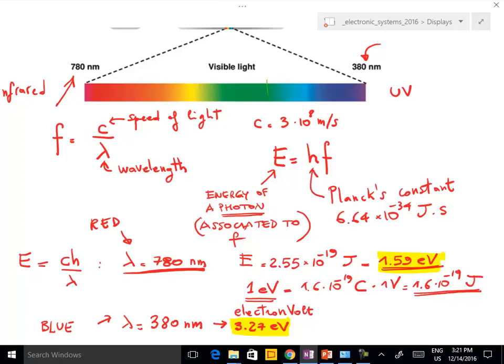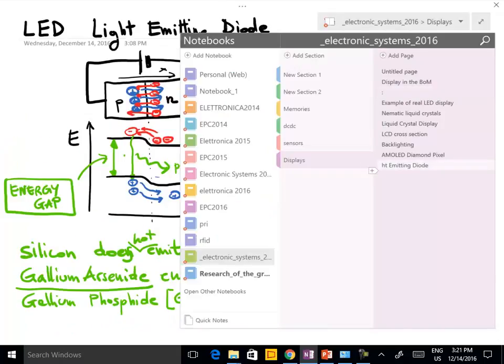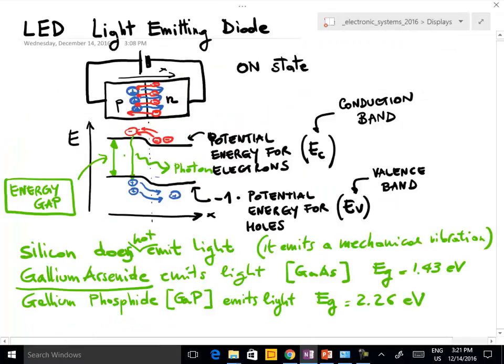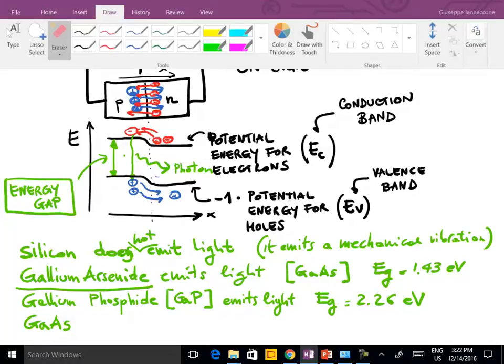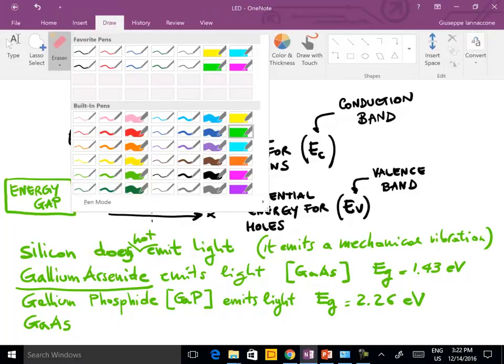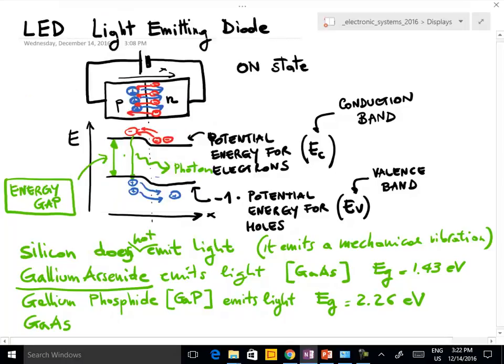Okay, and the nice thing is that if we use a mix of arsenide and phosphide, a material which is called gallium arsenide phosphide, let me write it in this way. We use a fraction X of arsenide and a fraction of phosphorus.